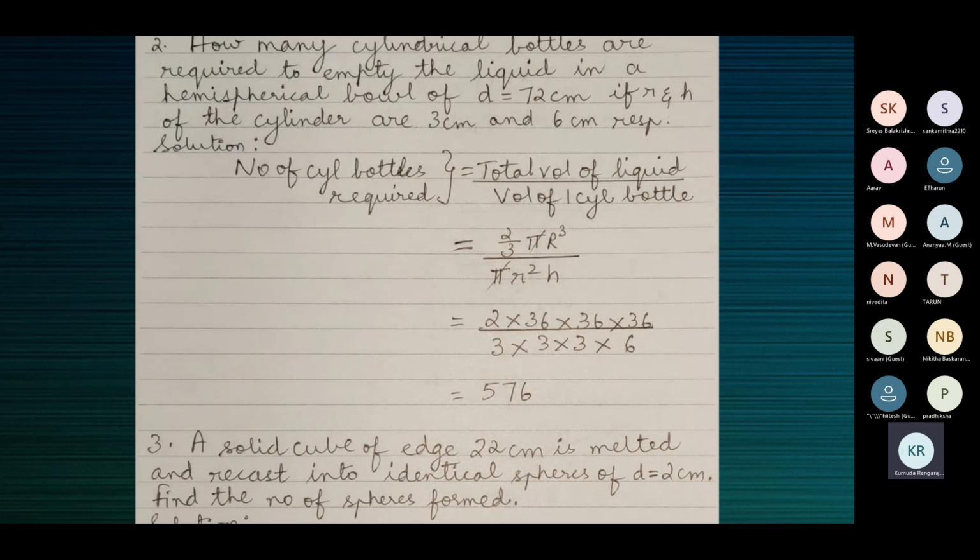So volume by volume: the total volume of the liquid by the volume of one cylindrical bottle. What is the total volume of the hemispherical bowl, or the capacity of the hemispherical bowl? 2 by 3 pi r cube.